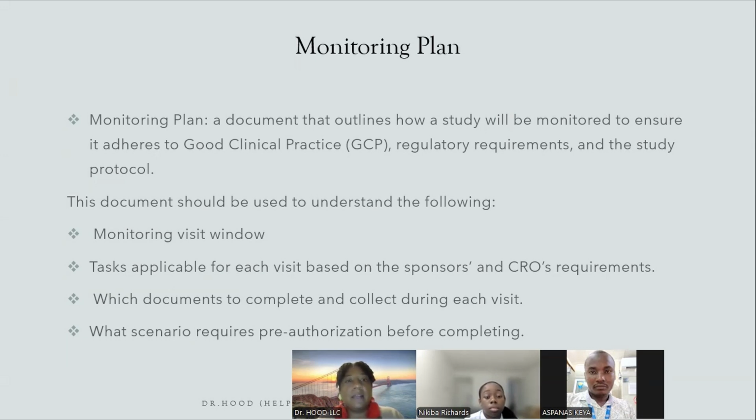Some monitoring plans say we want you on site 4 weeks after your SIV, whether they randomize the patient or not. We want you on site at that time period. Whatever the CRO has contracted with the sponsor, visit frequencies, you will have this in your monitoring plan.